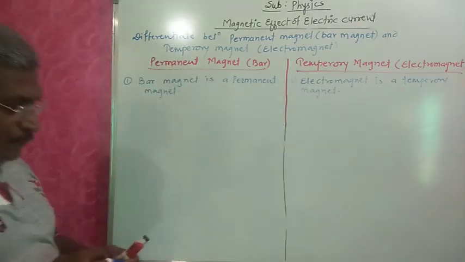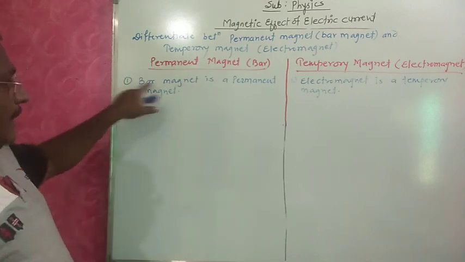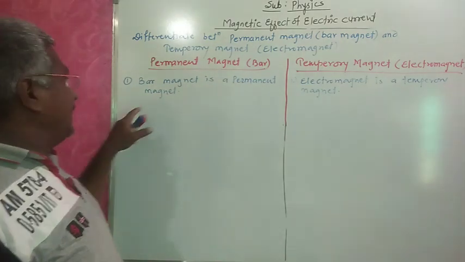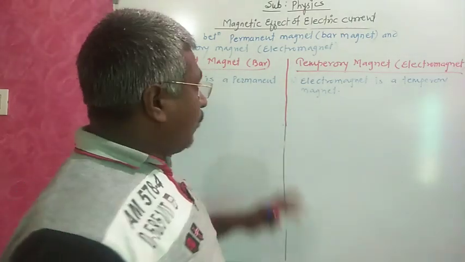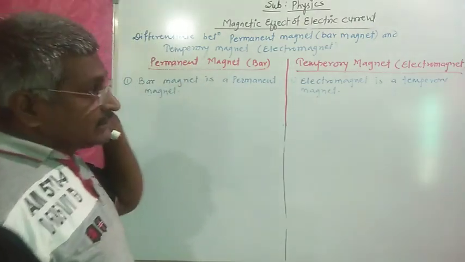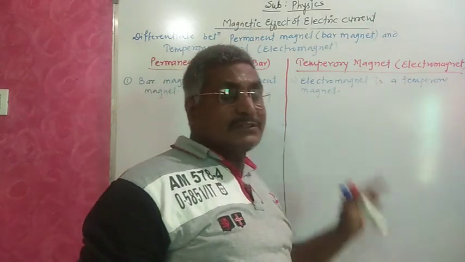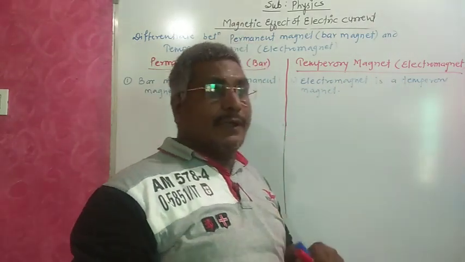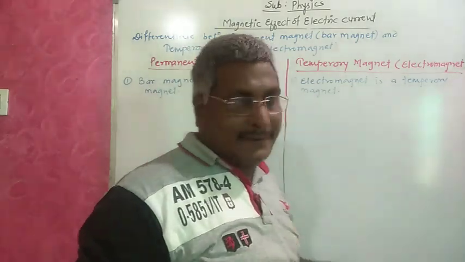This is the first point. Bar magnet is a permanent magnet and electromagnet is a temporary magnet. Why is it called that? Because electromagnet works according to our wish. We can lose the magnetism, it can gain the magnetism.